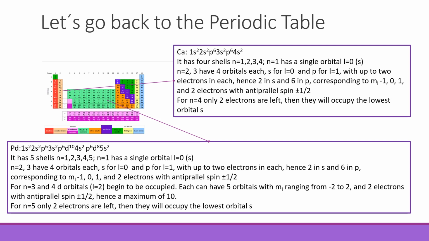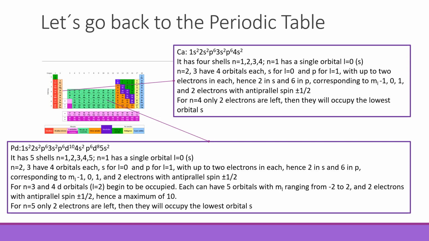Again, n equals 1 has a single orbital, n equals 2, 3 have 4 orbitals each. So S for L equals 0 and P for L equals 1. Again, 2 electrons in each, 2 and 6 in P. And then the same for the angular momentum, magnetic momentum, and the spin.